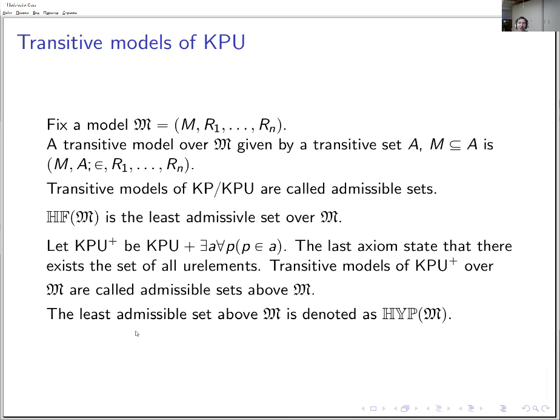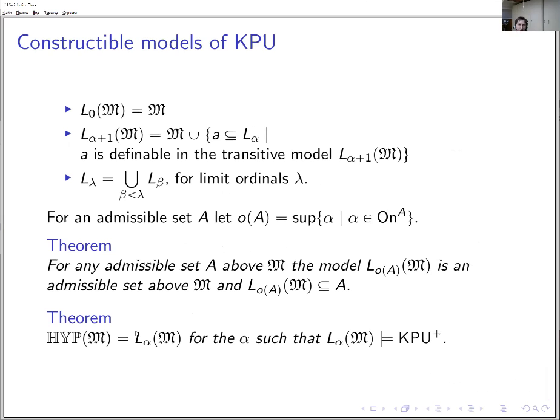There will be an explanation of why it's called HYP and how it's connected to hyperarithmetic sets. So let's discuss what actually HYP of M is.